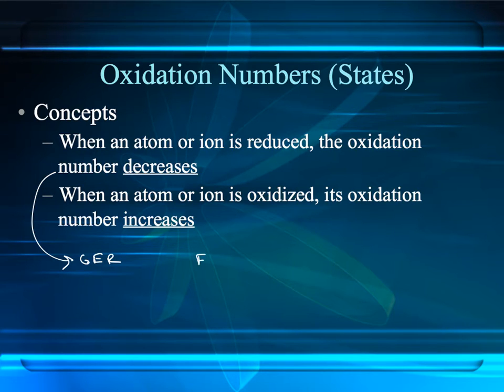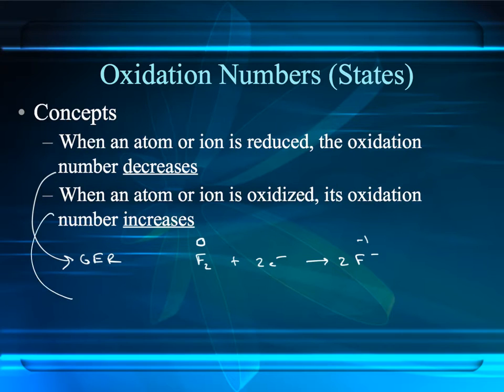So if we want to think of this as F2 plus 2 electrons, giving you 2 fluoride ions, you've gained electrons and your oxidation number is going to go down. Well, how do we know that? Right here, elemental fluorine has an oxidation number of 0. And over here, the fluorine has an oxidation number of -1. It has decreased. It went from 0 to -1.